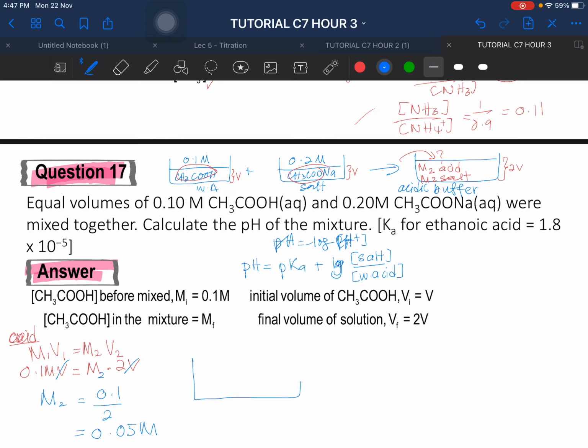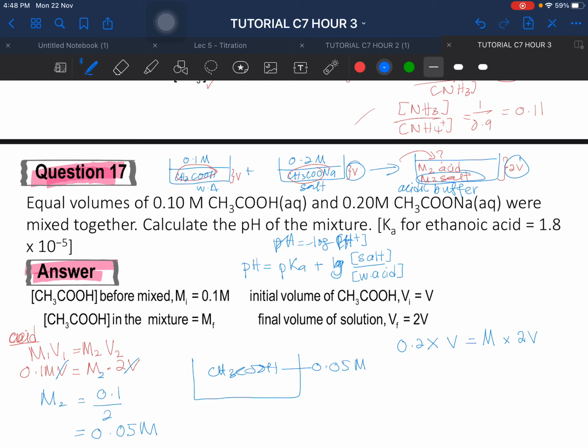So, in the buffer solution, our weak acid concentration is 0.05 molar. For the salt, initially it is 0.2 molar times the initial volume V. Now, what is the concentration of the salt after mixing, in 2V?